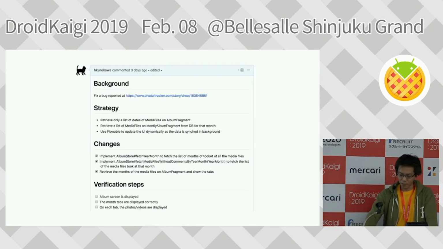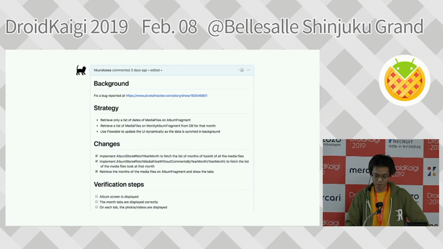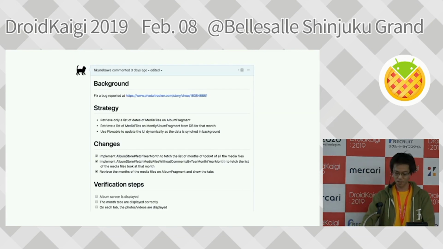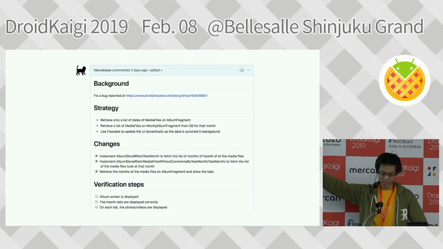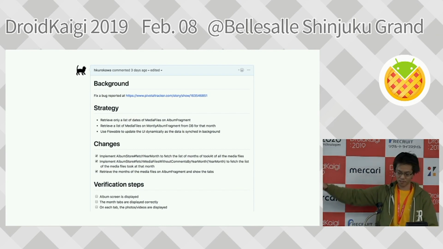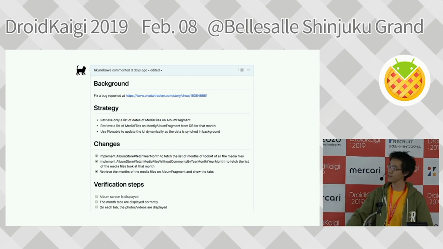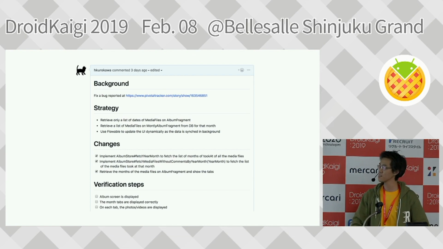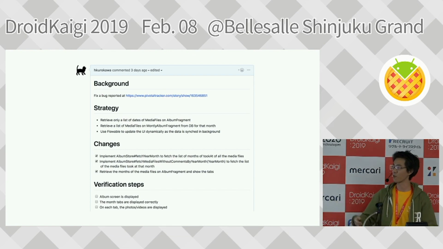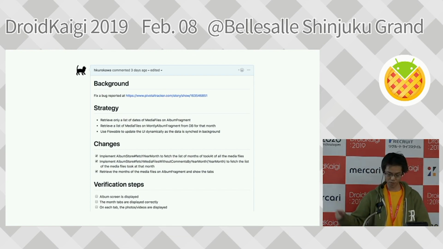Just for your reference, here is a template I'm using for pull requests. On the top, there is a background and a goal section. And here, I'm just saying this change is for fixing a bug reported by a user. Below that, there is the strategy I took.